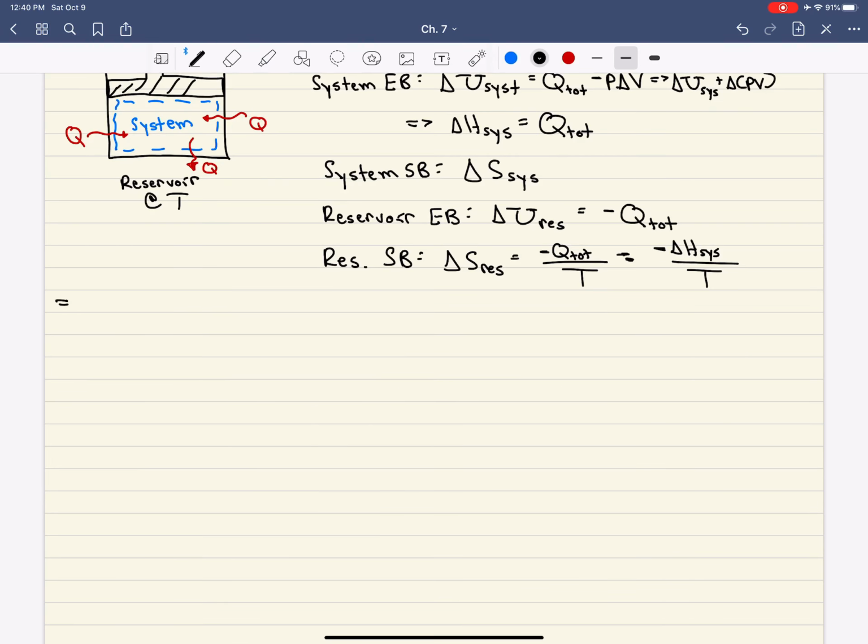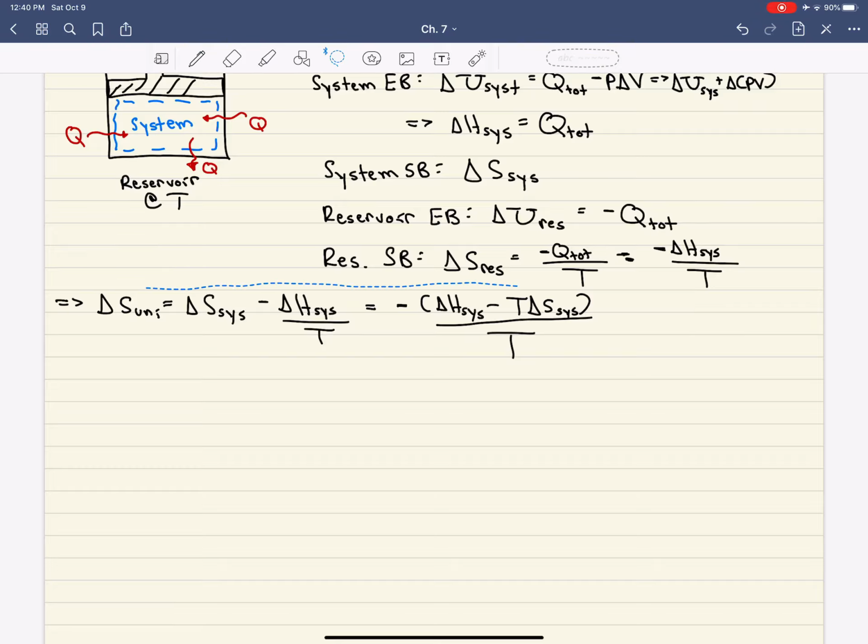When we take a look at the change in entropy of the universe, we have delta S of the system plus delta S of the reservoir, which we know is just delta S of the system minus delta H of the system over T. Rearrange the equation.